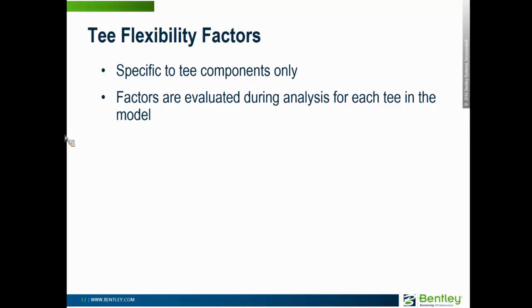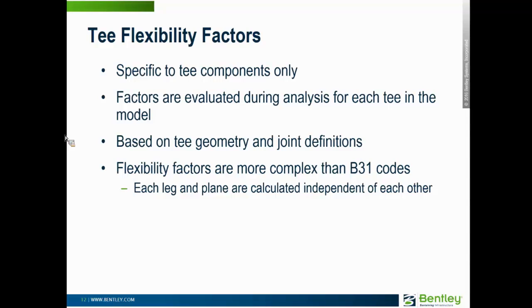During our main static analysis system processor, we actually restructure the stiffness matrices, and I'll get to that in a moment. The flexibility factors themselves are based on T geometry and joint definitions. And the same as with the SIF calculations, branch flexibility values are now independent of the header.